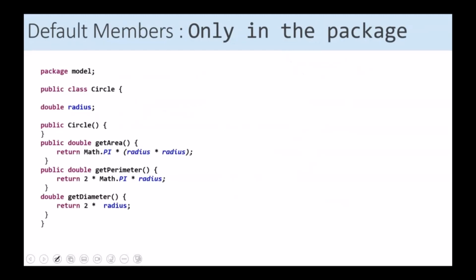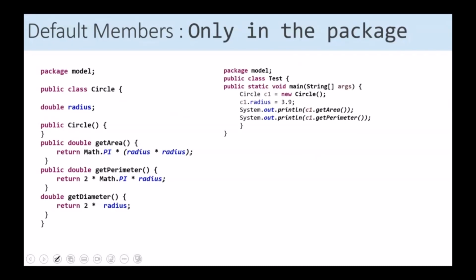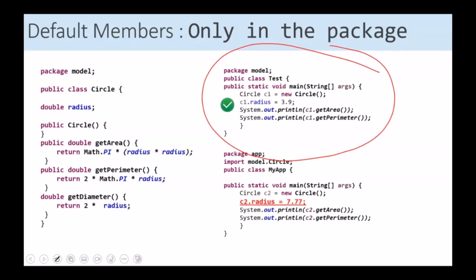Same code. But now, is the radius default or public? This one is inside the same package, so is there a problem? No problem, right? What about this one now? When you try to use the line c2.radius, it will tell you, I don't know what radius is.